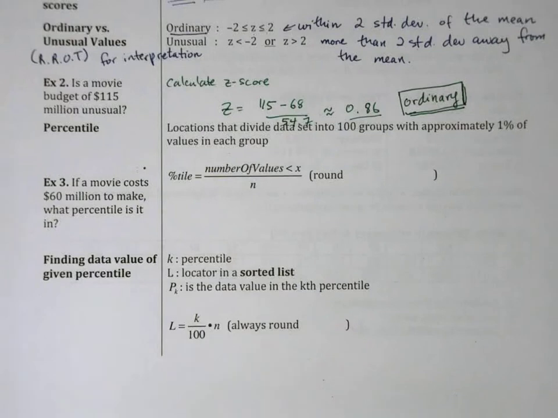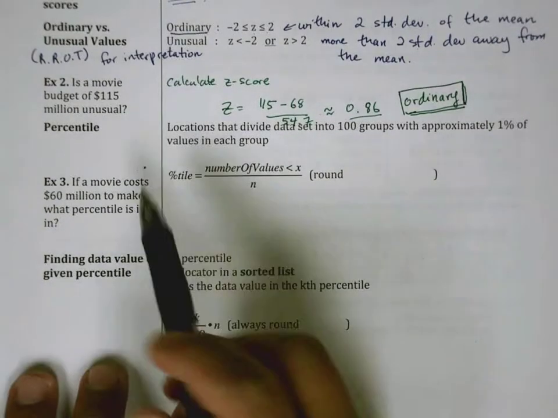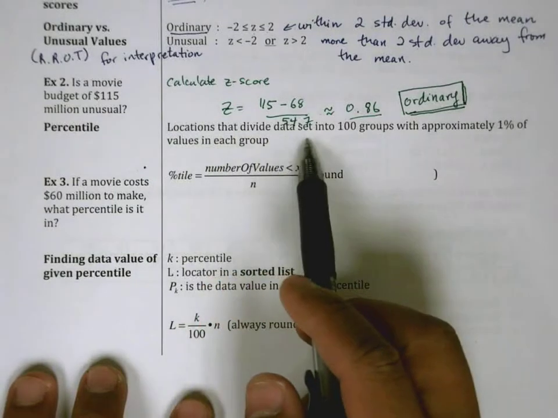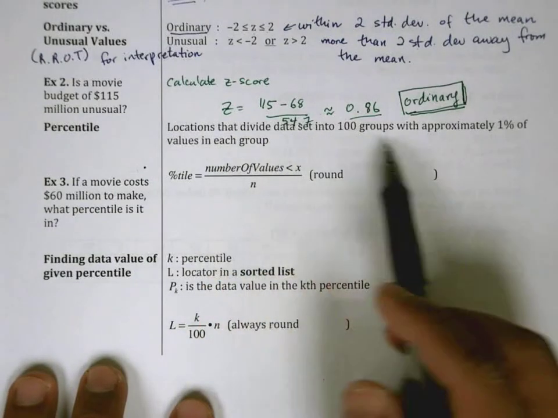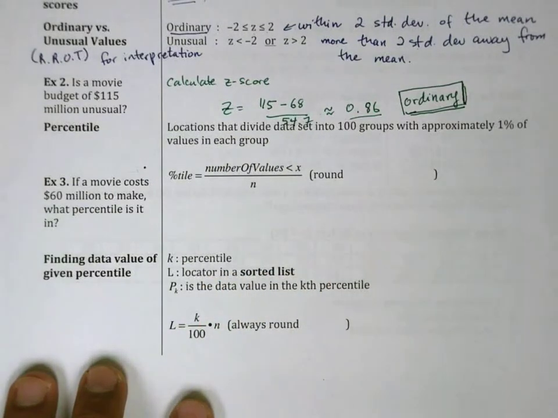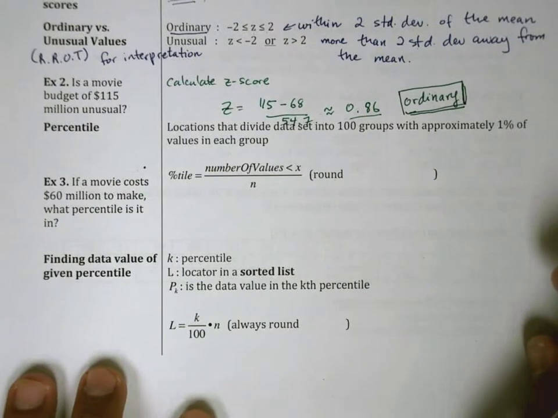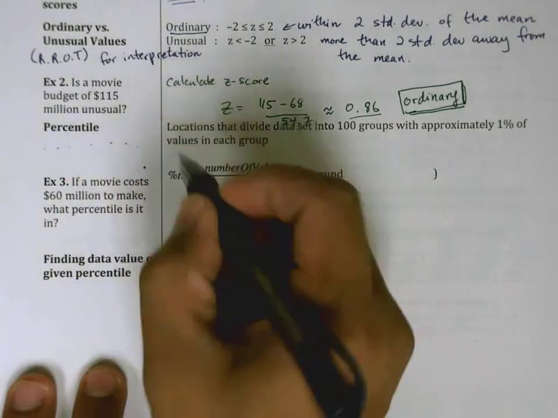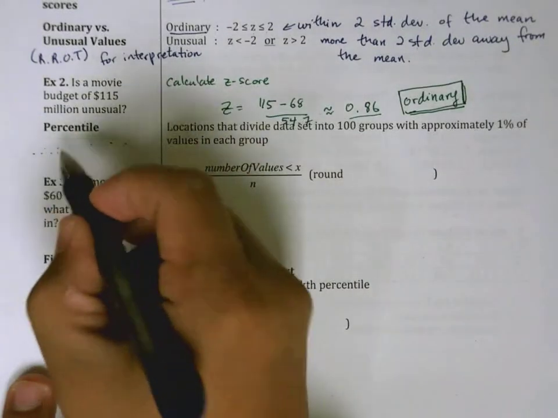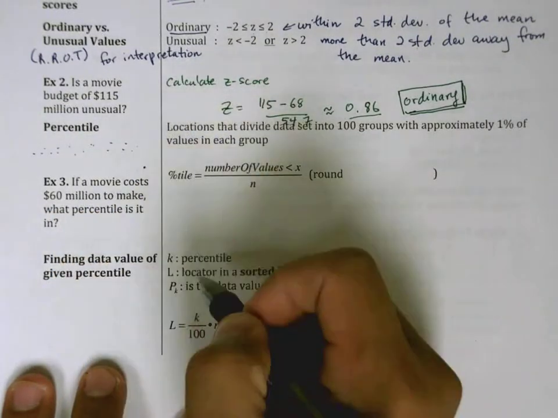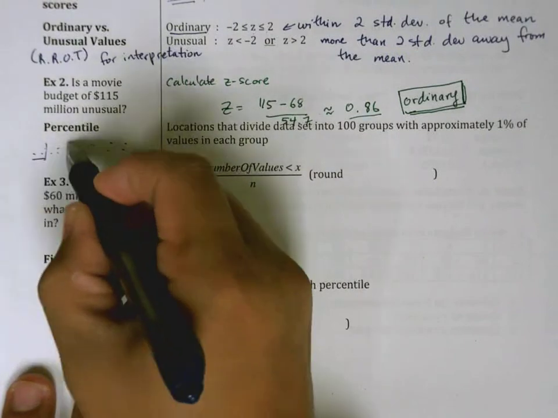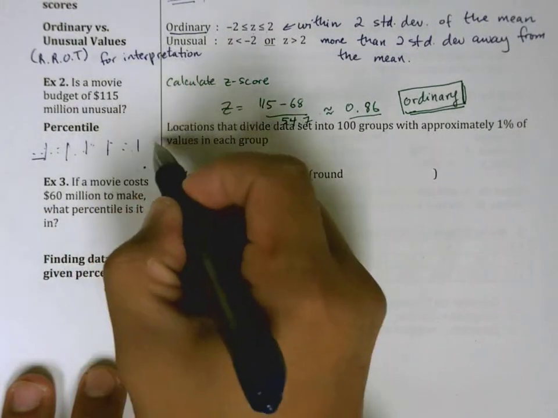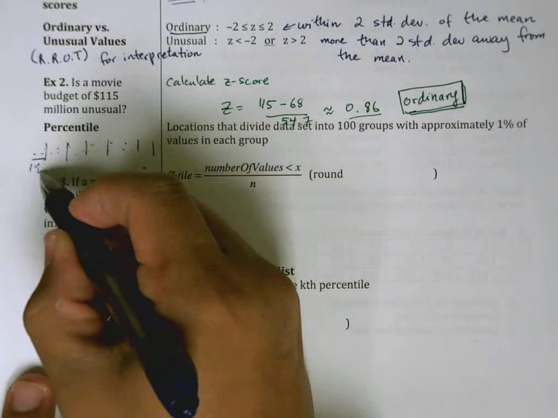But to give this a more precise definition, percentiles are locations that divide a data set into 100 groups, and each group has approximately 1% of the values. In other words, if you have a ton of data, we draw lines to break up this data, and each one of these bars captures about 1% of the data.